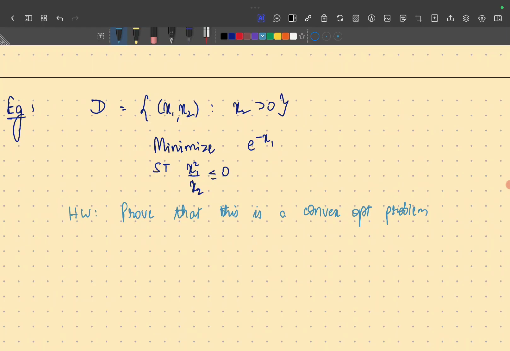You can't change this. By definition, the domain is x2 greater than 0. I don't allow you to change this, because if you change the constraint, the constraint set may not change, but the dual optimization problem is going to change, right?